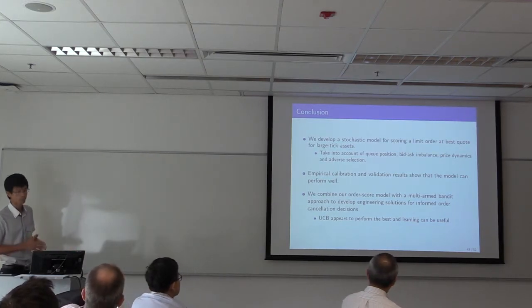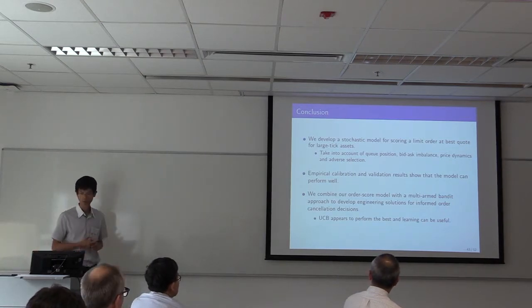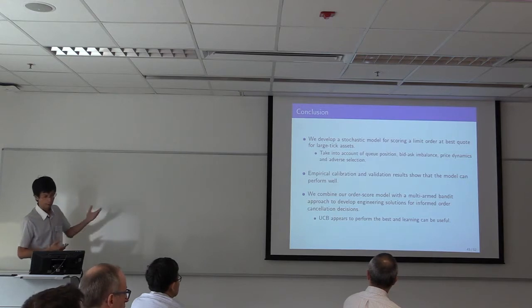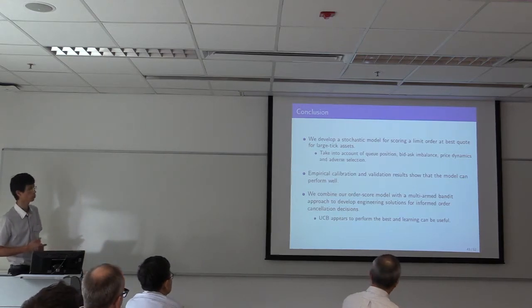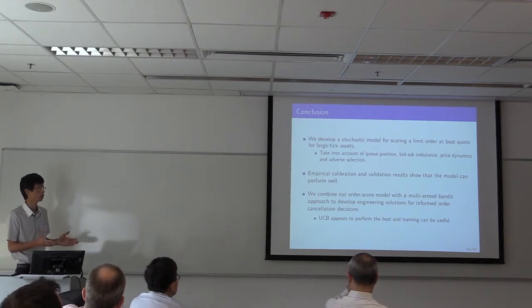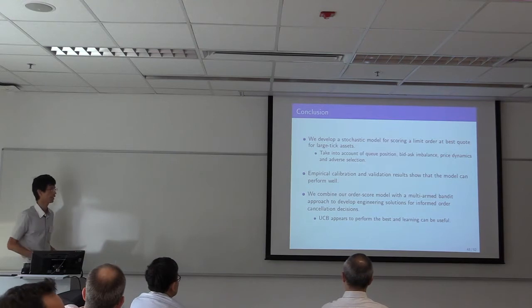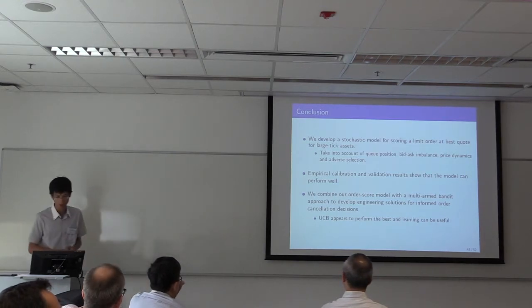We have done empirical calibration and validation, and the results show that the model could perform well. Finally, we use our model in a particular decision problem in algo trading. Even though I have restricted our attention to order cancellation decisions, I believe it can be used in other settings, including choice of limit or market orders, etc.